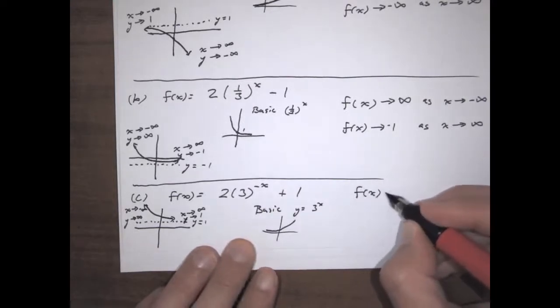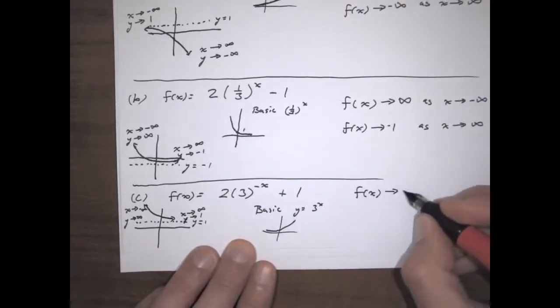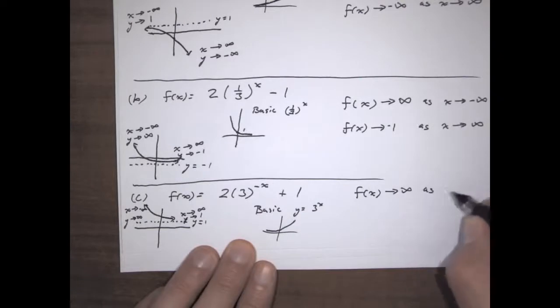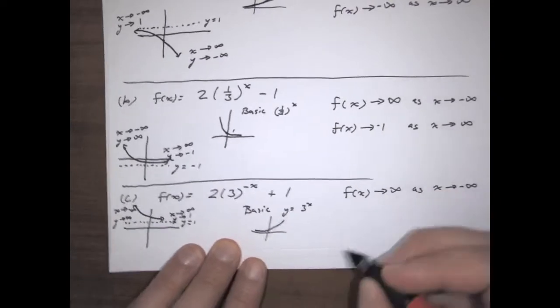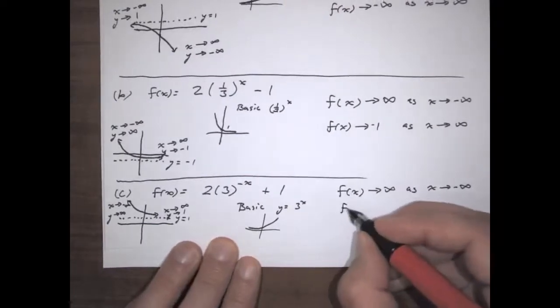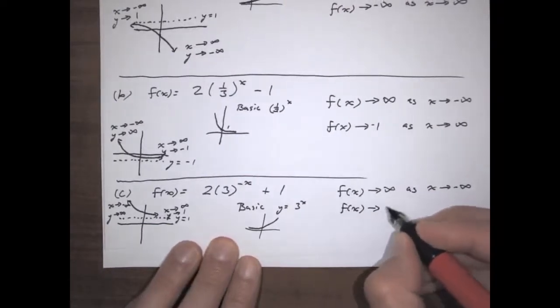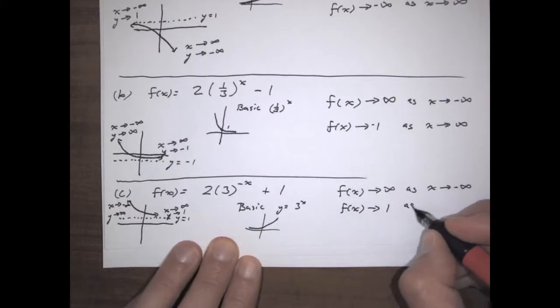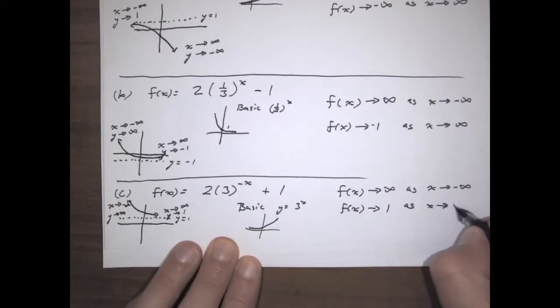So we can put that together and say f of x is going to infinity as x goes to negative infinity. And we can also say f of x is going to 1 as x is going to infinity.